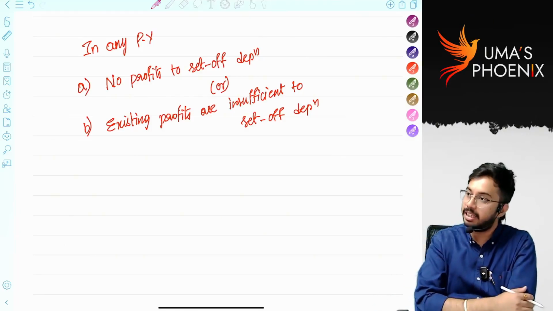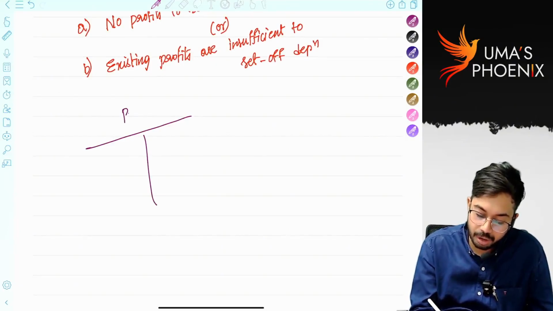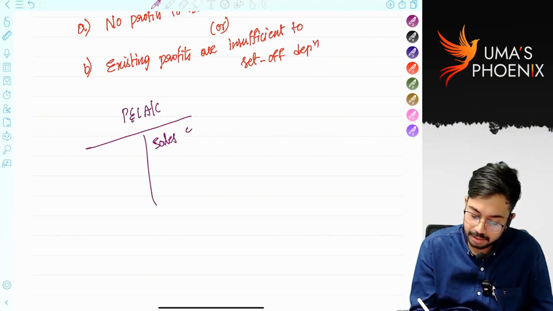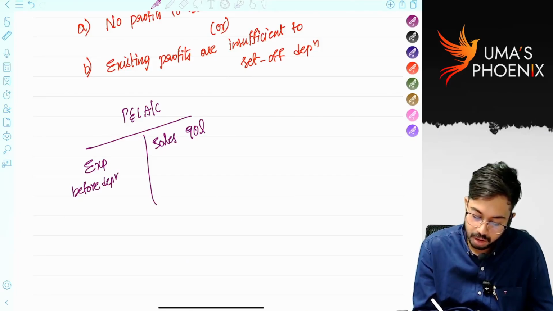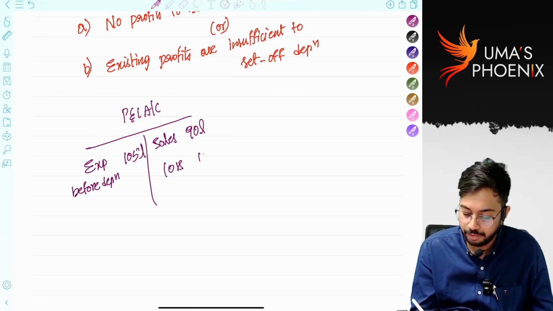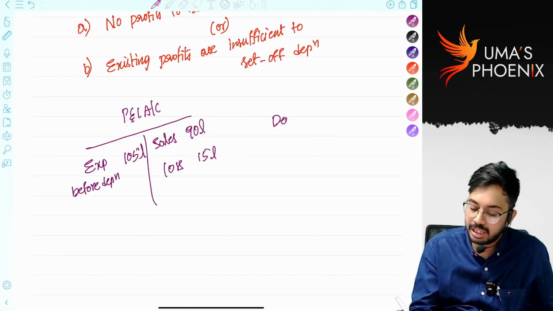Listen, I will draw a P&L account. Sales 90 lakhs, expenses before depreciation 105 lakhs. Here there is a loss of 15 lakhs. Now can you set off depreciation? Let's say depreciation is 8 lakhs.